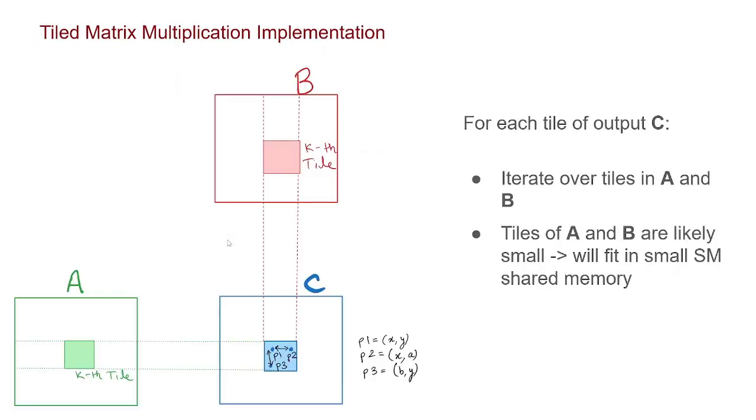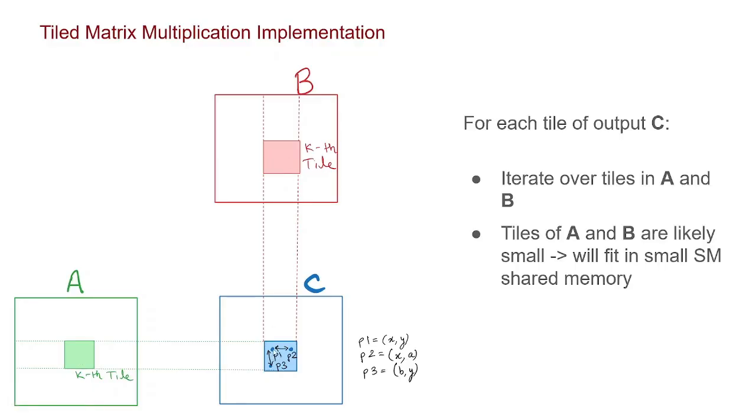So in each iteration, I consider one tile of A and one tile of B. And once they have been loaded into the shared memory from the global memory, all the threads try to do whatever they have to do with these tiles.